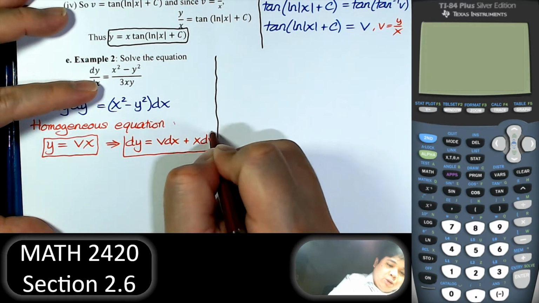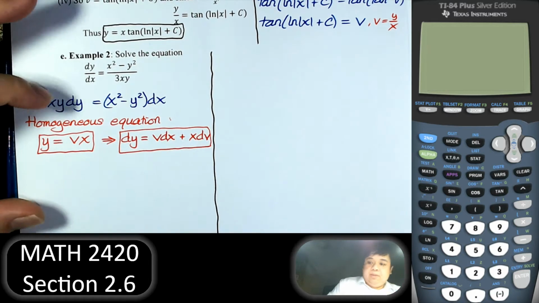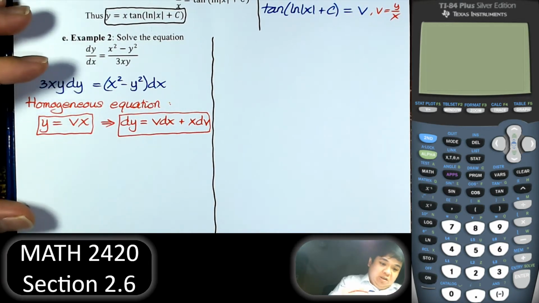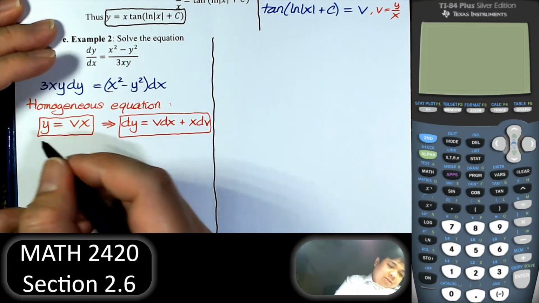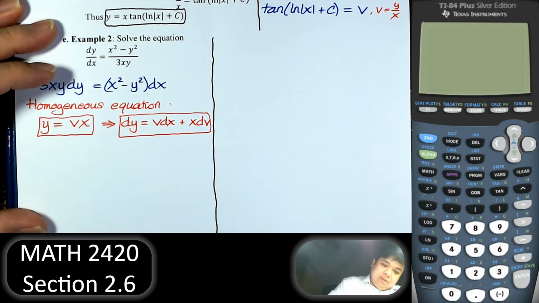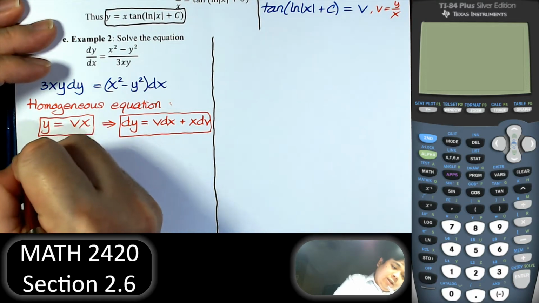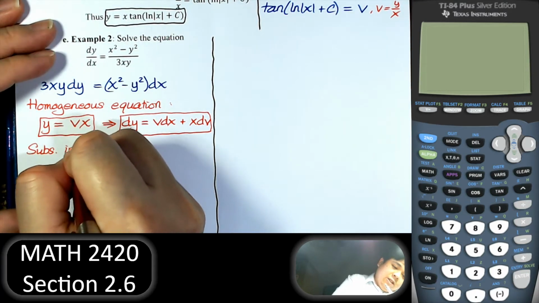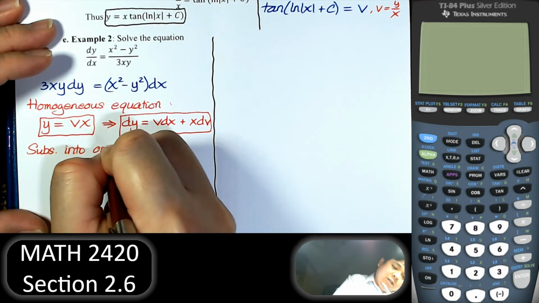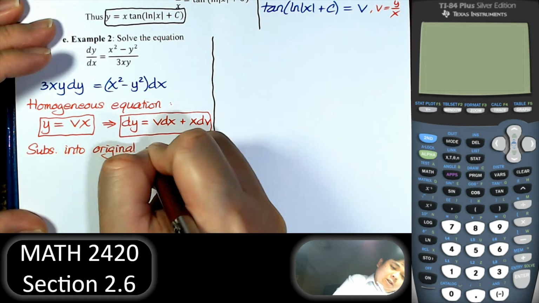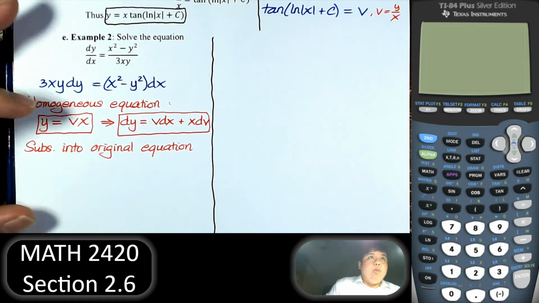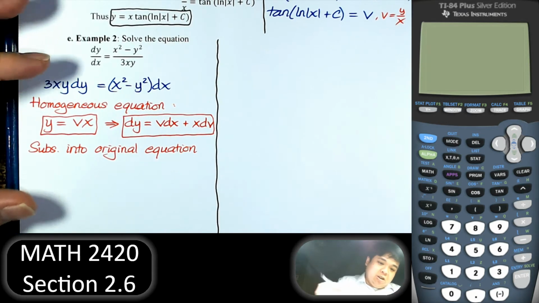And we will substitute this into the equation. Try to write small because this looks like a long problem. Then we substitute into the equation. So for the homogeneous equation, we're going to have this part.